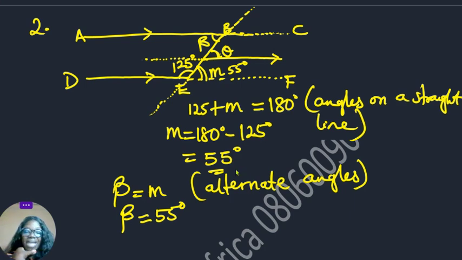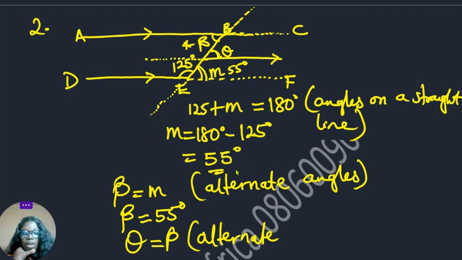Theta is on the right, beta is on the left. Theta is above the parallel line, beta is below the parallel line. This is beta right here. So it is alternate to beta and it is corresponding to angle M. You can see that angle M is 55 degrees on the same direction of the transversal. So theta is equal to beta, the reason being alternate angles.